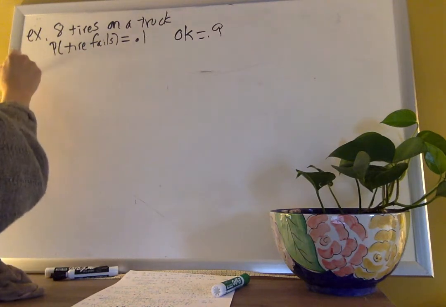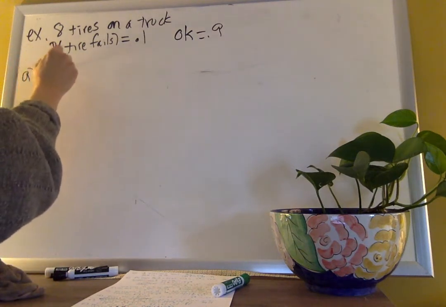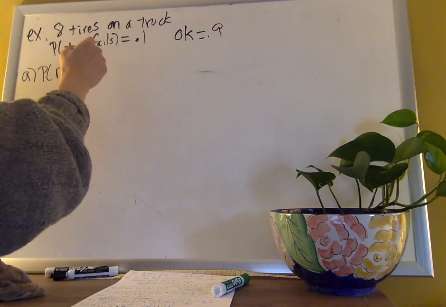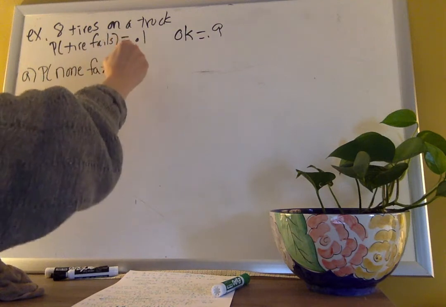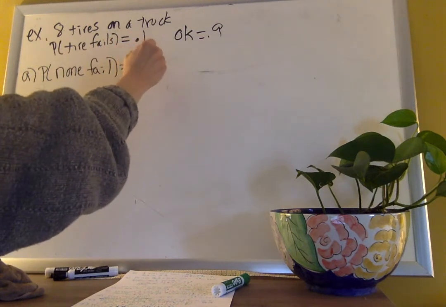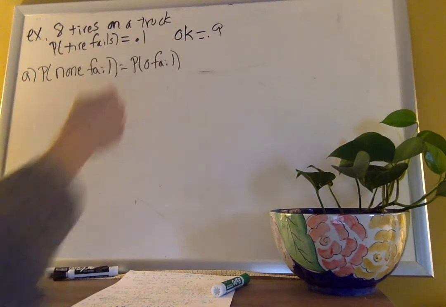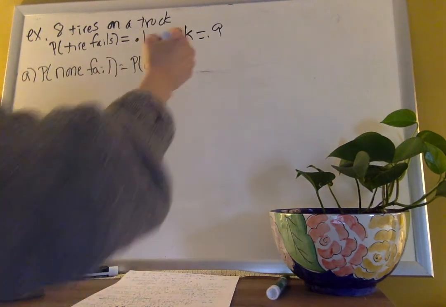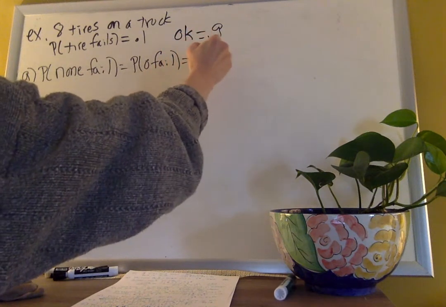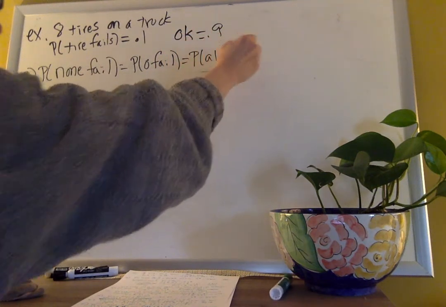All right, let's start with A. Probability that none fail. Let's make sure we know how to translate none. That means 0. Now, before you started watching this video, anytime we had to have the 0 case, we had to switch it, right? Which means the probability they're all okay.